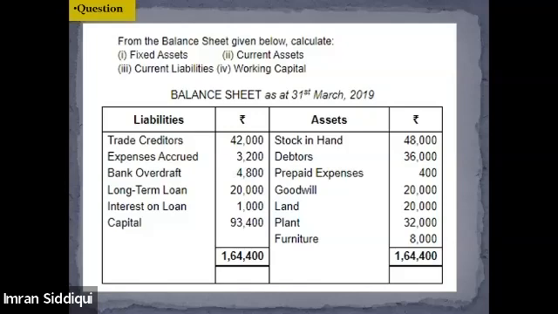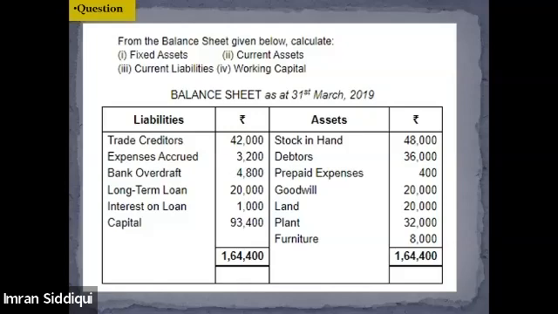In order to find out the working capital, you will have to apply a formula, which I'll tell you. But apart from the calculation of working capital, I think you can find out the other items, like the value of the fixed asset and current liability. What do you think, everyone? Do you think you'll be able to find out the fixed asset and current liability for this question?